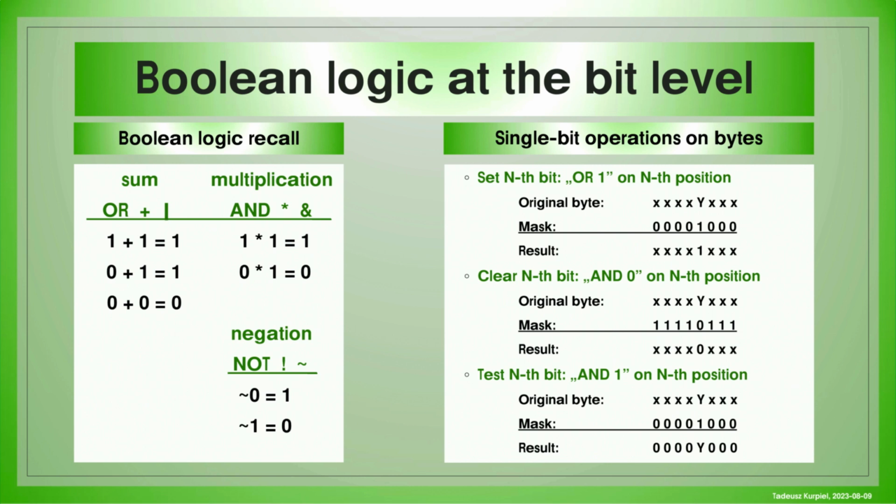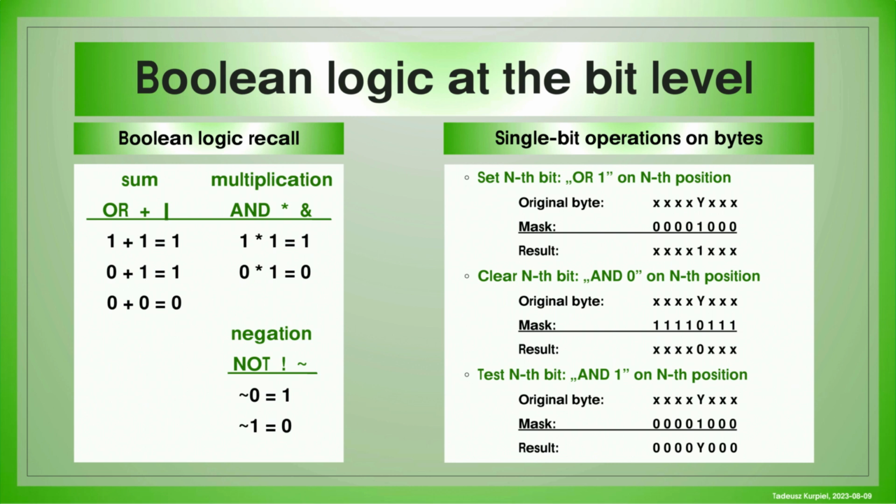And with these 3 operations we can manipulate every single bit within bytes forming the image pixels. For example, to set the nth bit in some byte to 1, it's enough to make the OR operation of that byte with a mask consisting of the nth bit equal to 1 and all the remaining bits equal to 0.